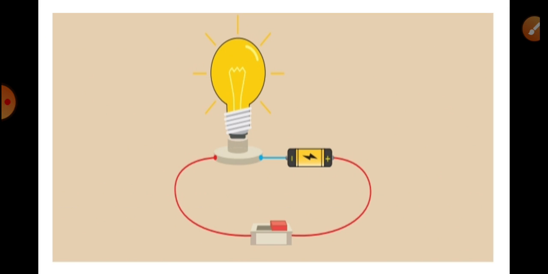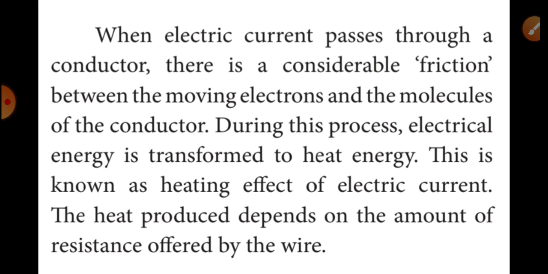Now we are going to discuss this. When the electric current passes through a conductor, there is considerable friction between the moving electrons and the molecules of the conductor. When current flows through the conductor, what moves? The electrons move in the given conductor, and the molecules of the conductor are there too. So there is friction between the molecules and electrons.